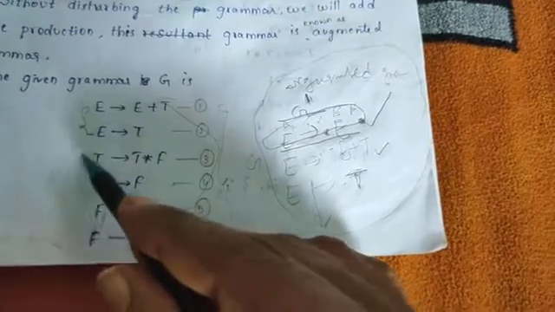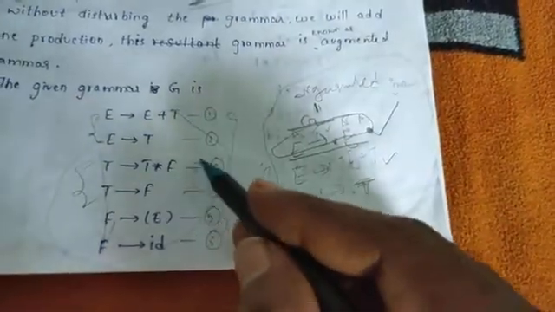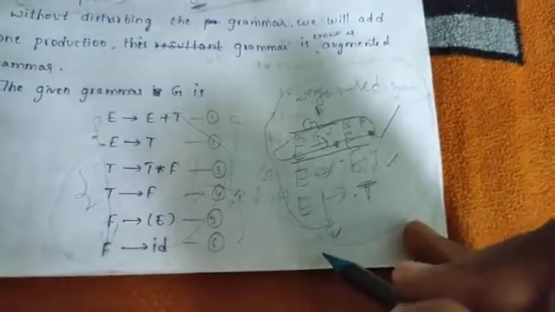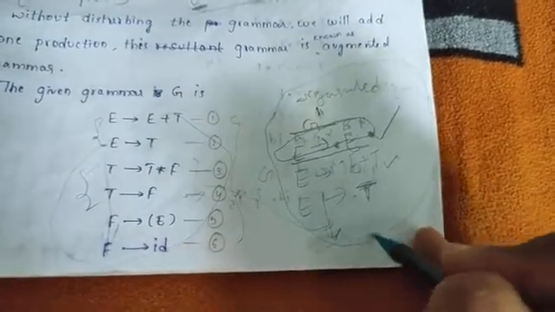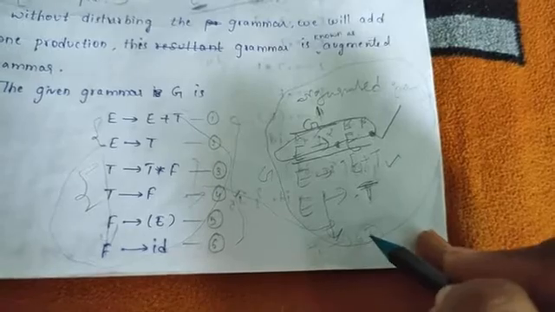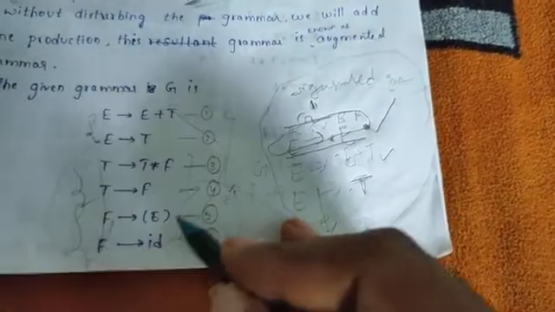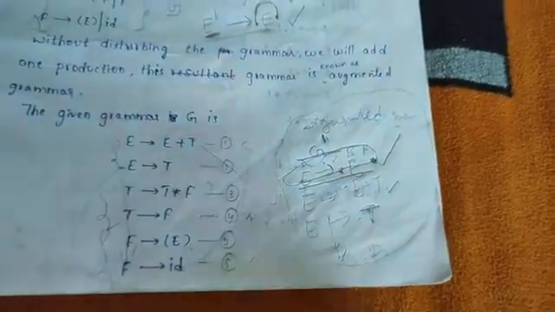Then we check that two more productions are there. We need to write these two productions here. After that, T tends to F. Here T tends to dot F. So here again the dot will be before a non-terminal. For that reason, you need to write these two productions also.